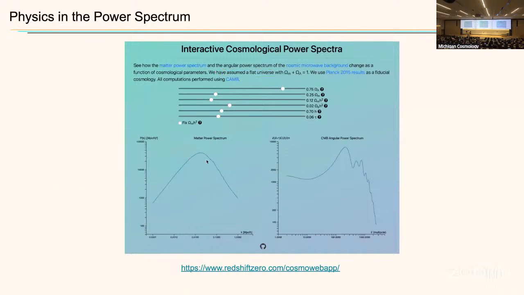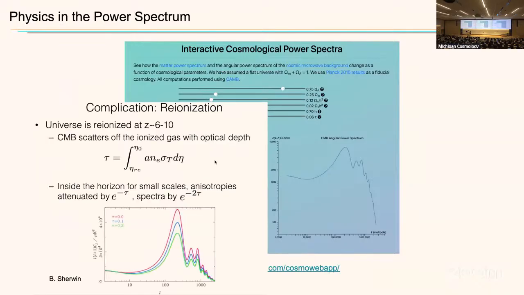Okay, so we're going to move on from that. One other thing to note about this tool that is a presence in modern CMB analysis of the power spectrum is our relative uncertainty in terms of the optical depth to reionization.